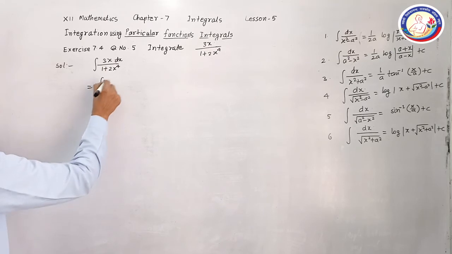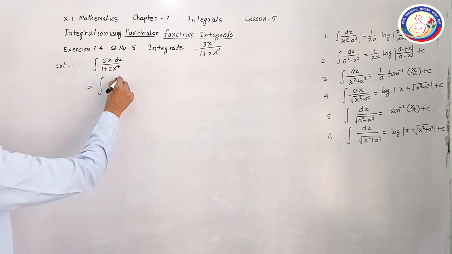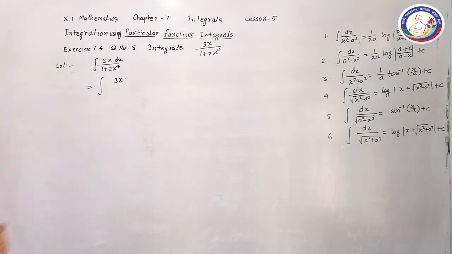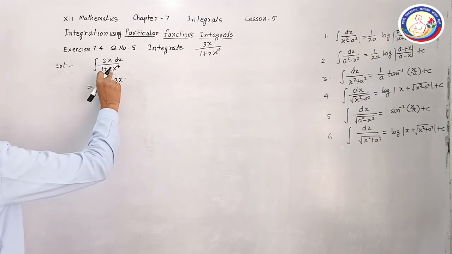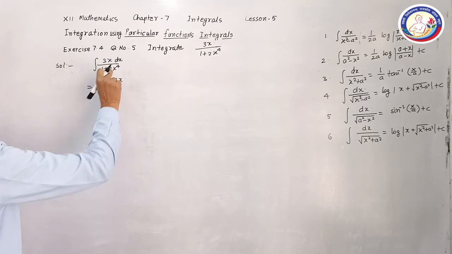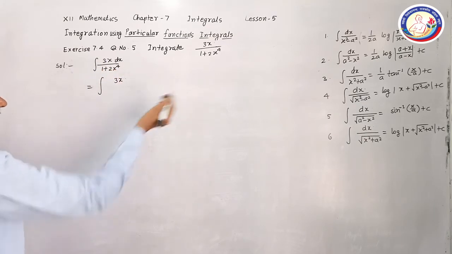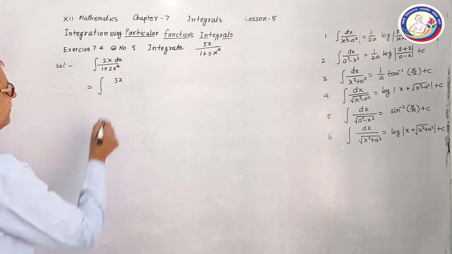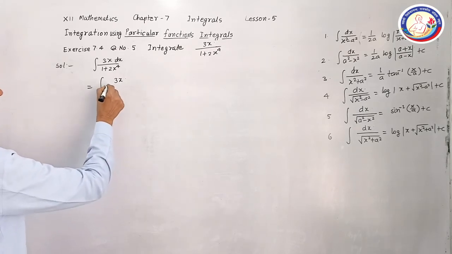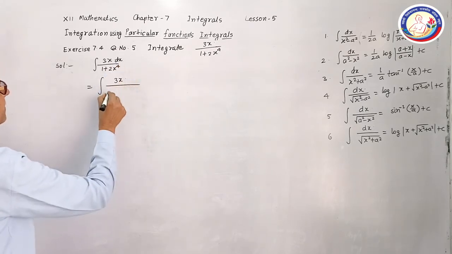You can change this in this form: 3x upon, take 2 outside, or you can make it root 2 into x square whole square. There are two ways. I am solving it using different methods. You can judge for yourself which of these two is easier.